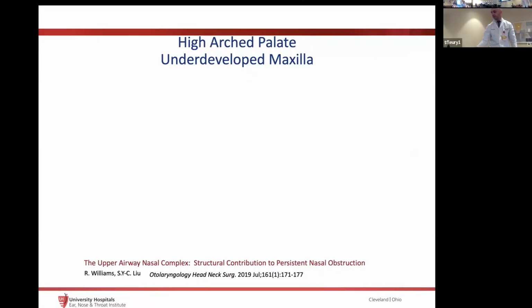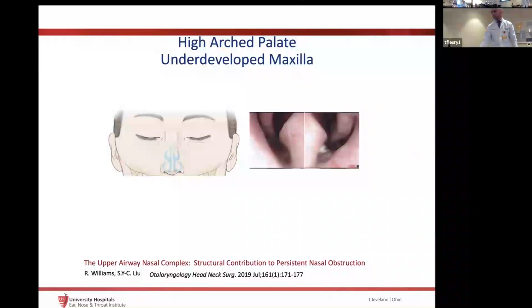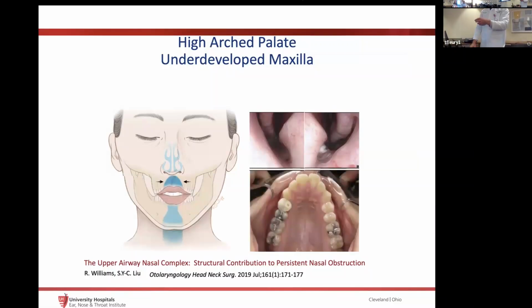So I'll go over a little bit more on occlusion and how that is important for breathing and for sleep. Specifically talking now about the transverse dimensions, the horizontal dimensions, because we talked about the profile, how the jaws are two-dimensional, but we also have to look how they are positioned when we're looking at the patient in a coronal sense.